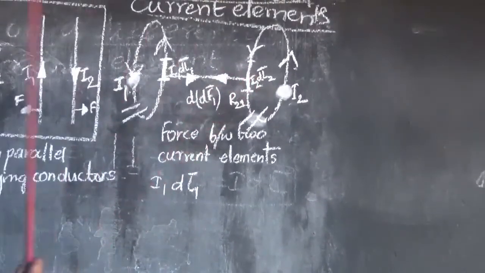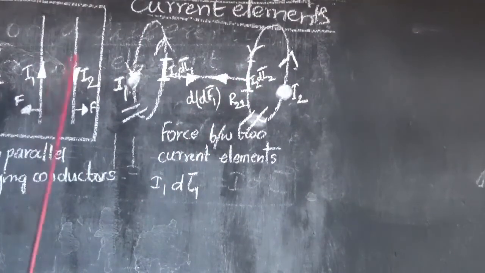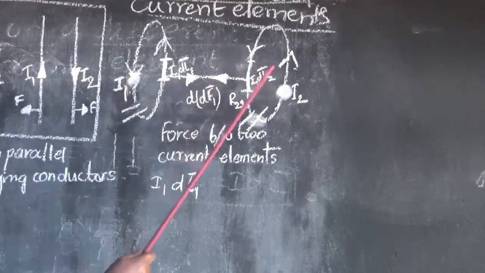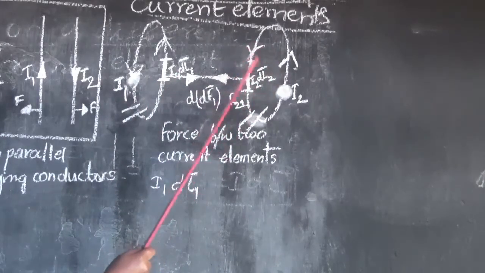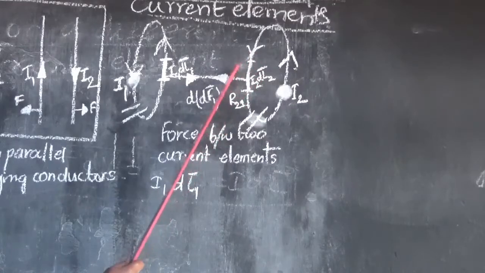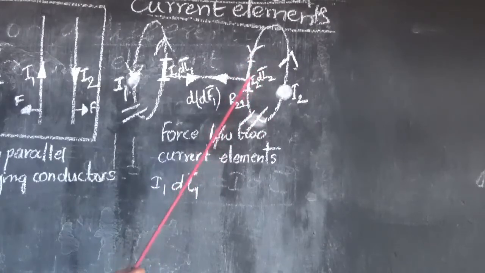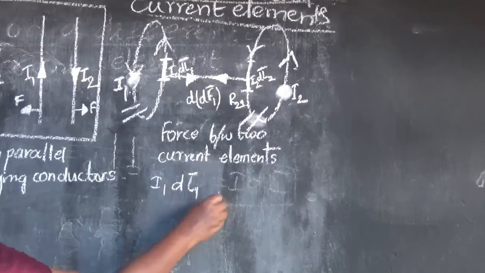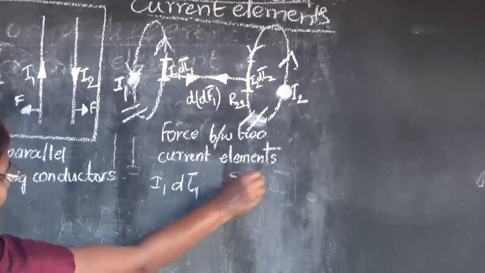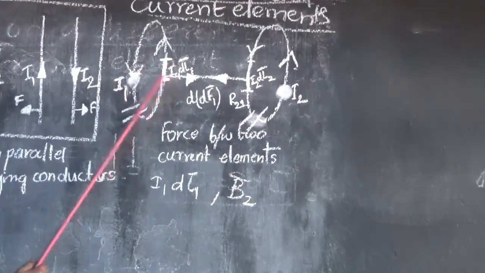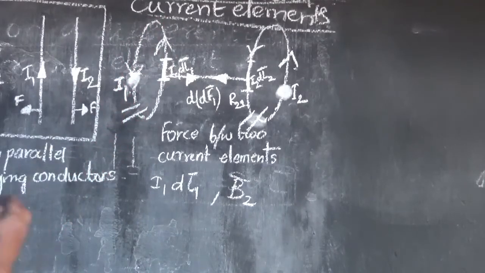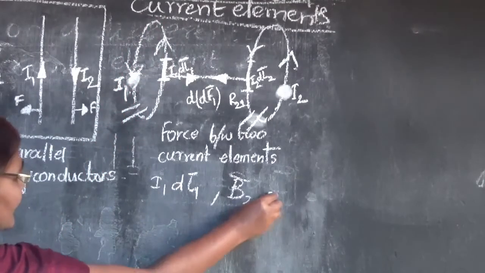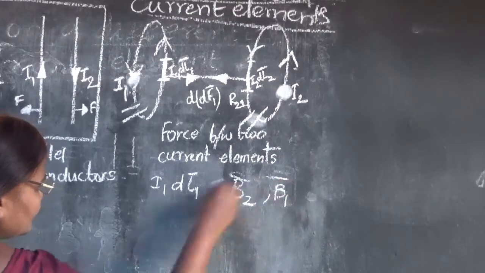In the previous classes we have learnt that some magnetic field will be produced here. It is produced by the current I2 flowing through this conductor. Let this magnetic field be B2 bar. Here also the current flowing through the first conductor will produce some magnetic field. Let it be B1 bar.